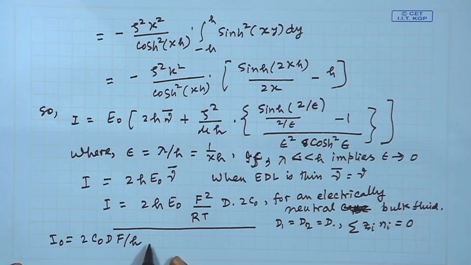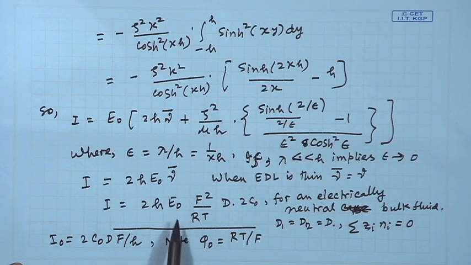So, now here we note that phi 0 is RT by F, the thermal potential, and that becomes the scale for this E0 or the electric field.